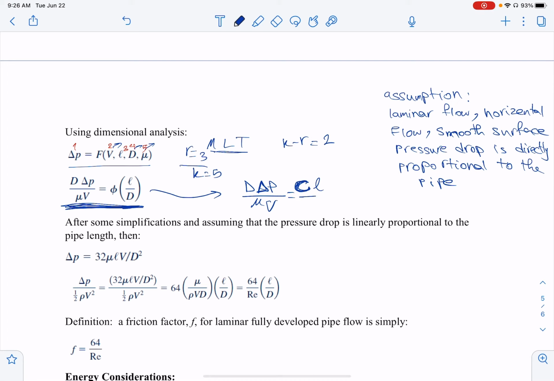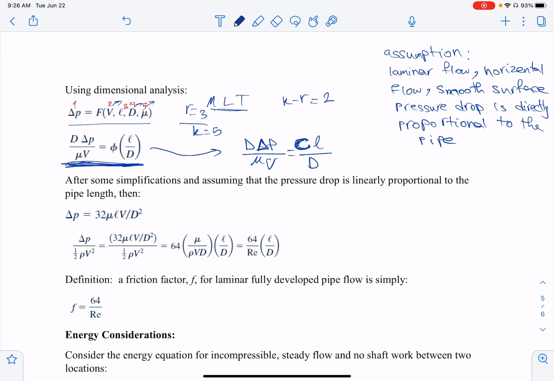And this C depends on the shape. We can see it in, I think, section 8.4, but for the round pipe, C is equal to 32. We are going to talk about it in the next video.